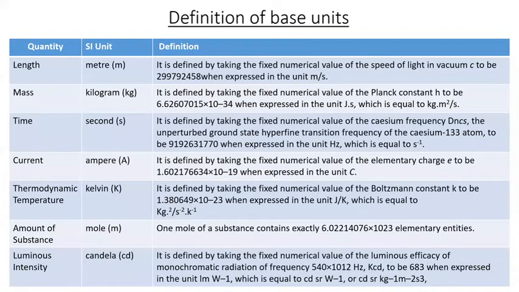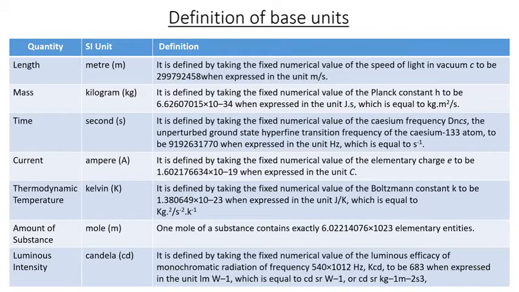You have seen that in many cases, there may be more than one unit for the same quantity. For example, mass can be expressed as kilograms or pounds. Time can be expressed as minutes or seconds or hours. Temperature can be expressed as Kelvin or Celsius or Fahrenheit.